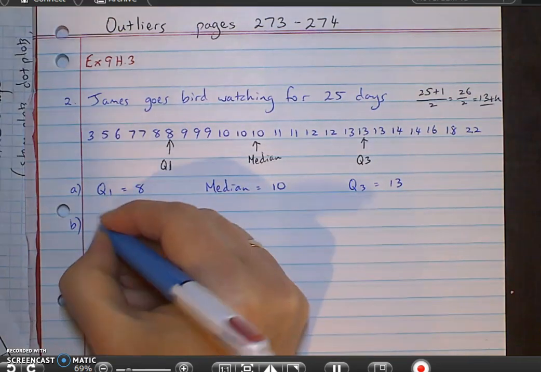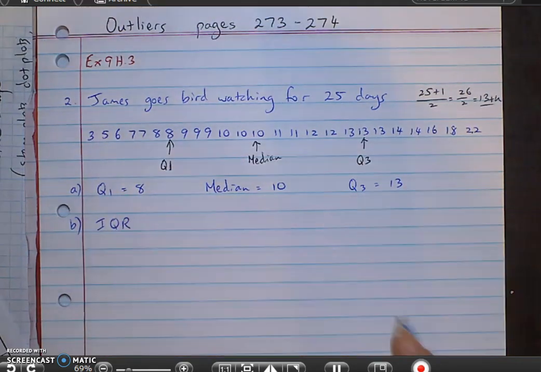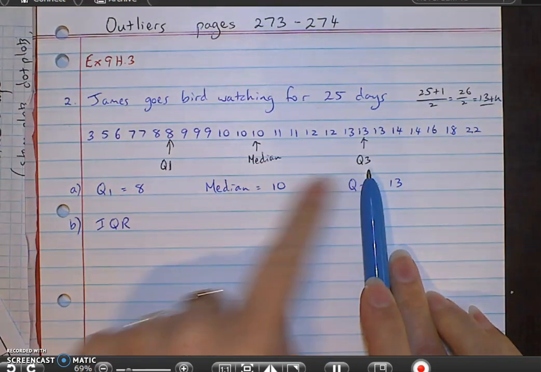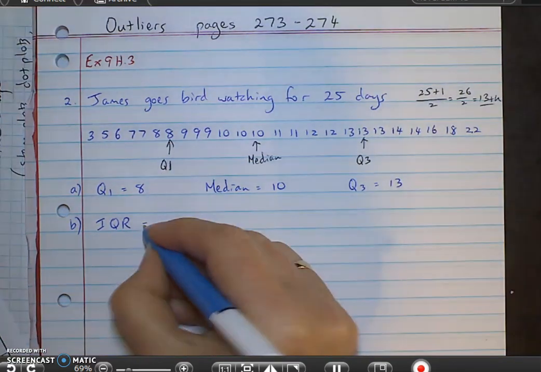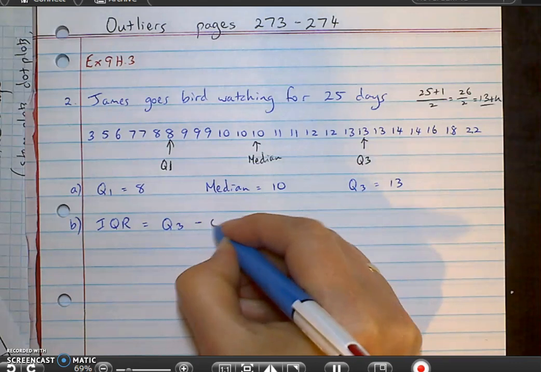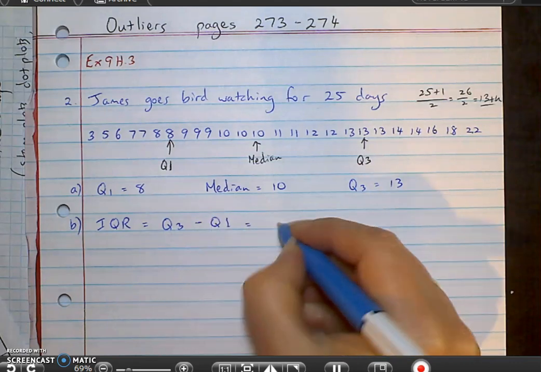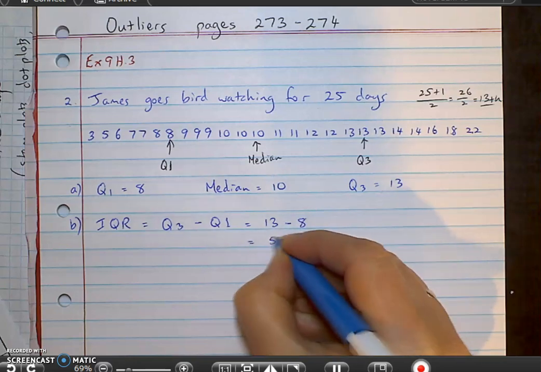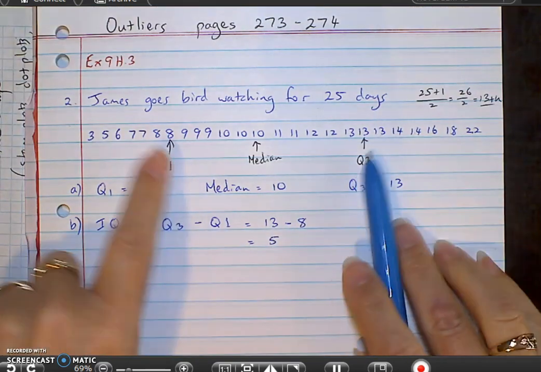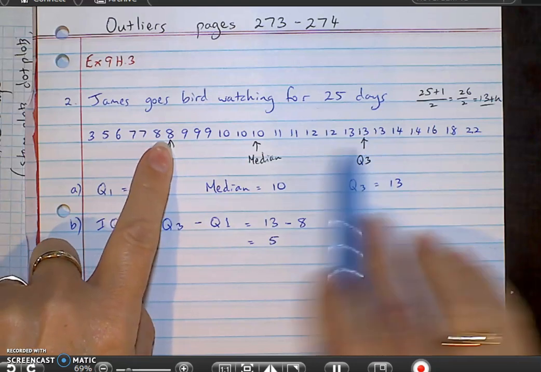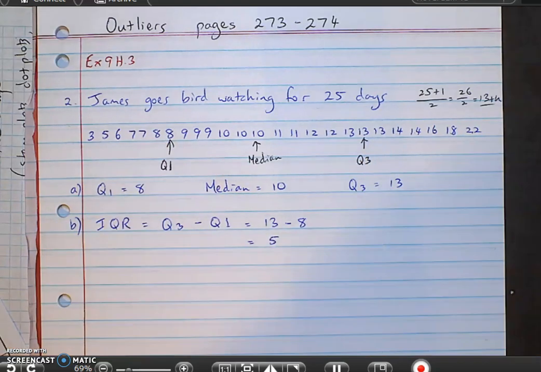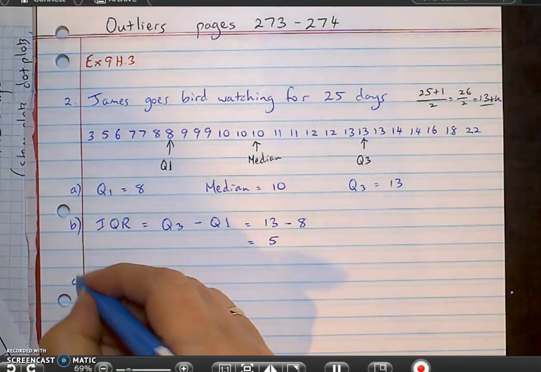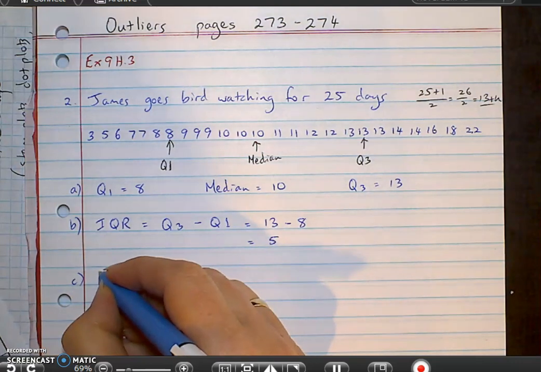B. IQR. So it's the range from quartile 3 down to quartile 1. So you just subtract them. That's 5. So the middle 50% of the numbers are within 5. 13 to 8. So C. Now we need to know the lower boundary.